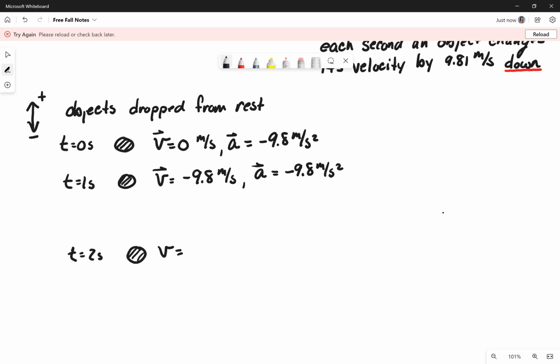Its velocity will be 9.81 plus 9.81, or 19.62 meters per second in the negative direction, with an acceleration equal to negative 9.8 meters per second squared.